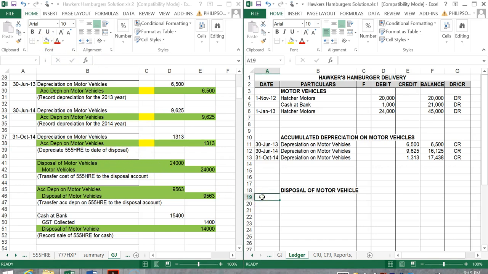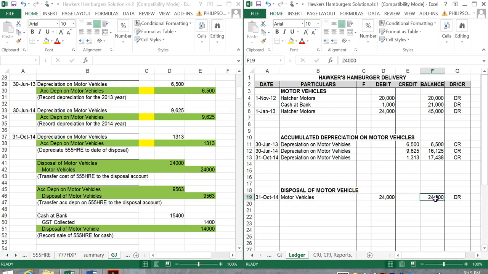So our date here, 31st of October 14. Particulars here, so we're sending $24,000 debit to the disposal account with particulars of motor vehicles. 24,000 debit, balance 24,000 debit.